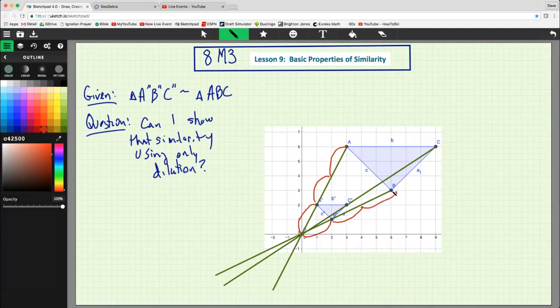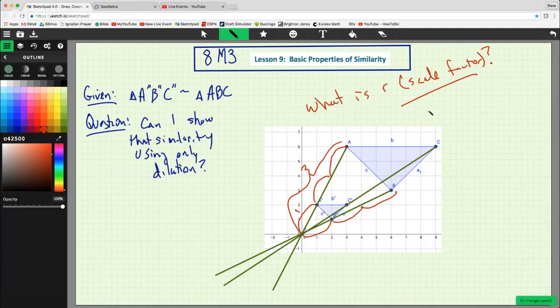In fact, I can kind of tell what my R is. I'll ask a little follow-up question. What is R? My scale factor. Well, this is 1 unit, and this is 3 units. So I have used a scale factor of R equals 3, right?